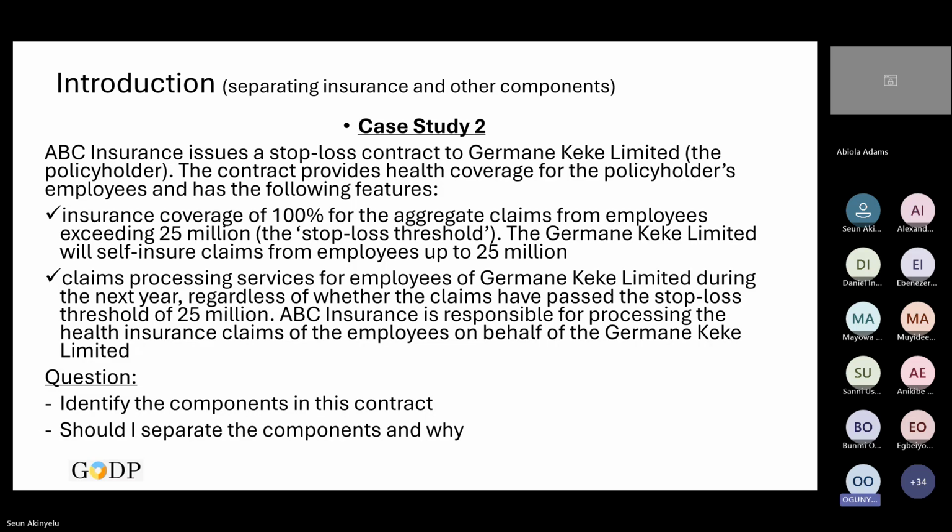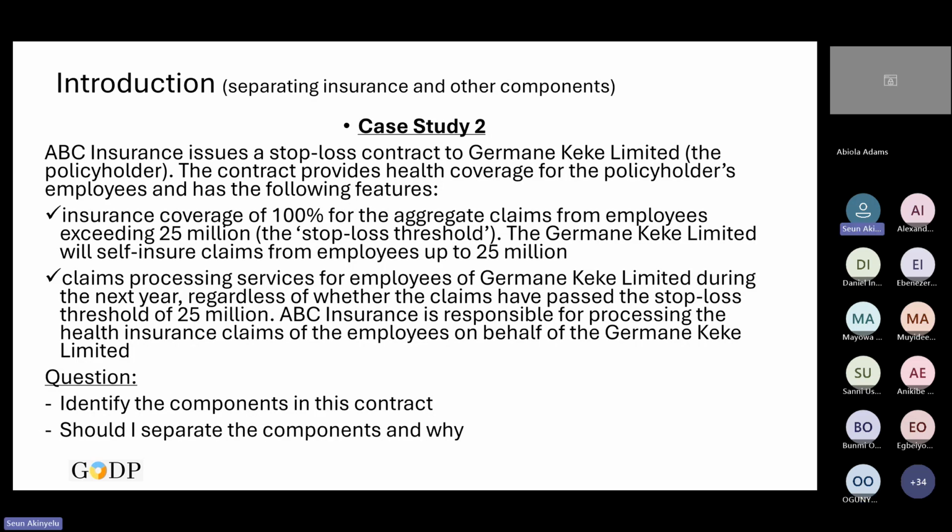While the one that is not up to 25 million should be treated in component parts, because if it is lower than 25 million, the Germain Keke Limited will not pay. So this will be an expense, and it should be treated as profit or loss in the financial statement. Thank you, sir. Thank you very much.